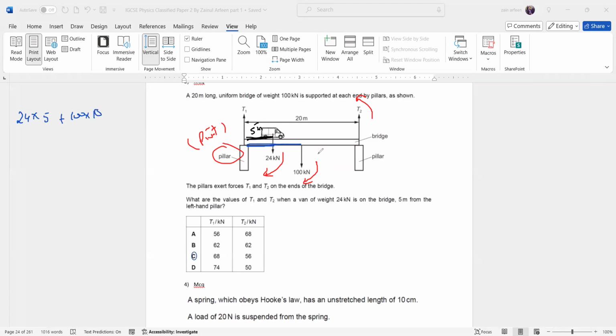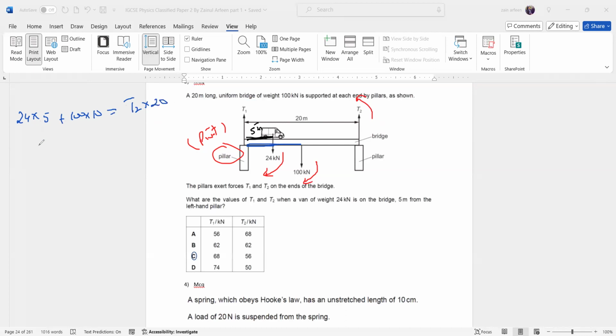So 24 into 5 and 100 into 10. Why did I take 10? Because it's a uniform bridge. Whenever an object is uniform, the weight acts at the center. That gives 1120, and that is equal to T2 times the distance from the pivot, which is 20.